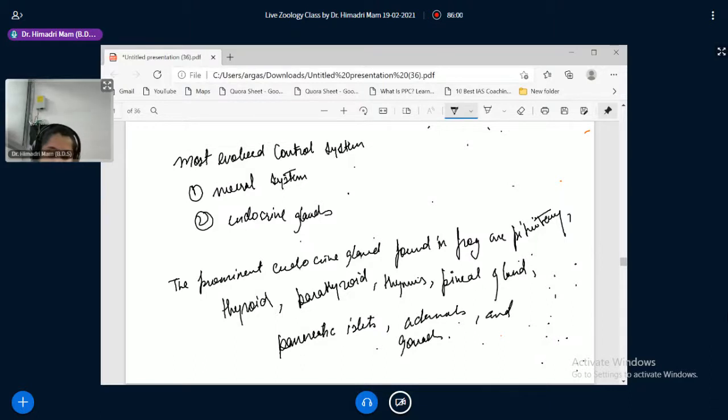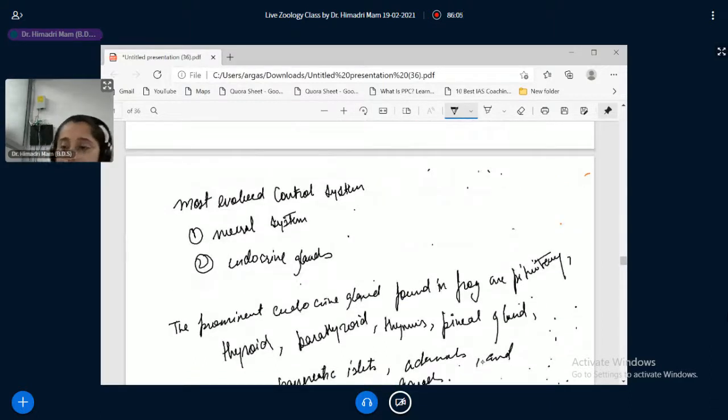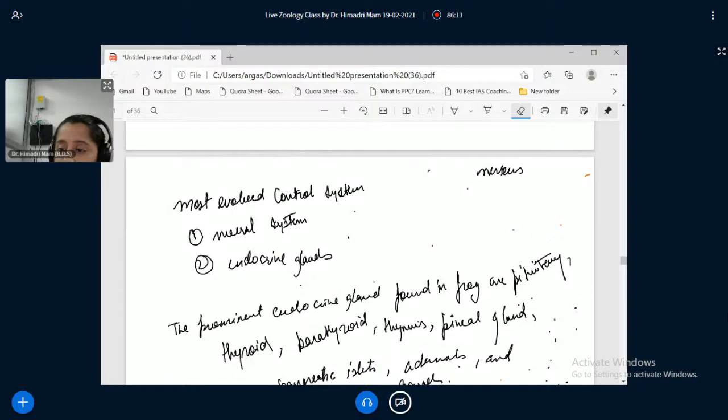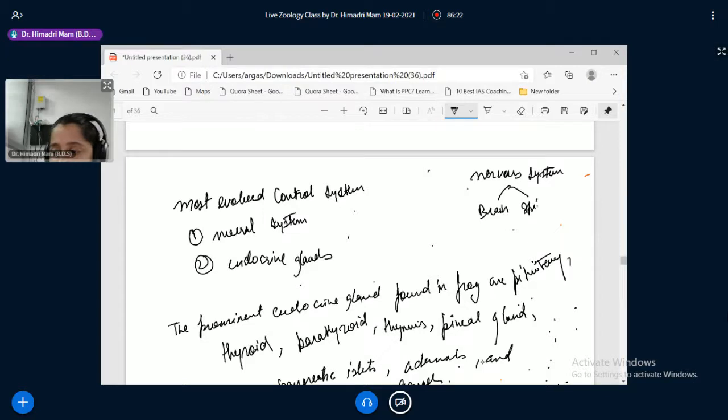Nervous system is divided into brain, spinal cord. We have the 10 pairs of cranial nerves.